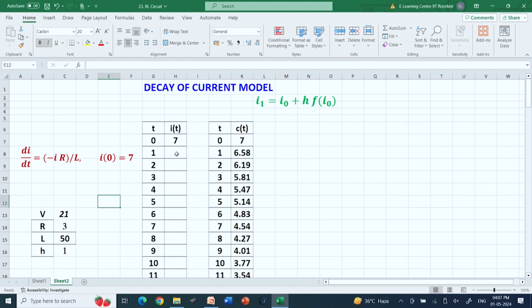So, the initial value is 7, and then this value is equal to I0, which is this, plus H times, which is 1, plus, sorry, this is a constant.